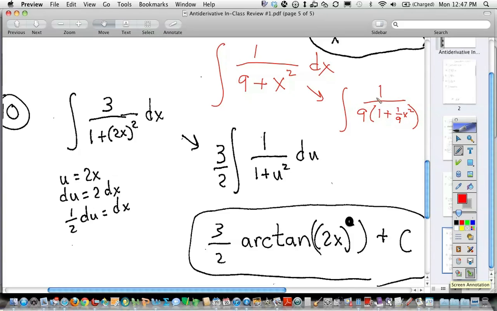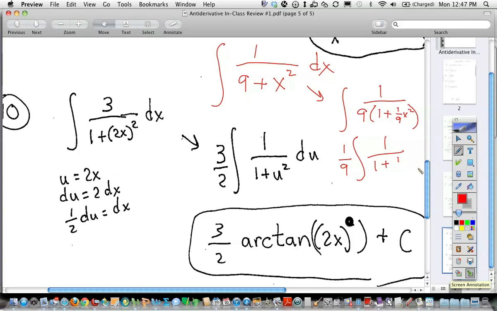Now, this 9 sitting here is just what Chris said. That is a 1/9 out in front. So I've now turned it into this. Okay, I've now turned it into a 1 plus 1/9 x squared.